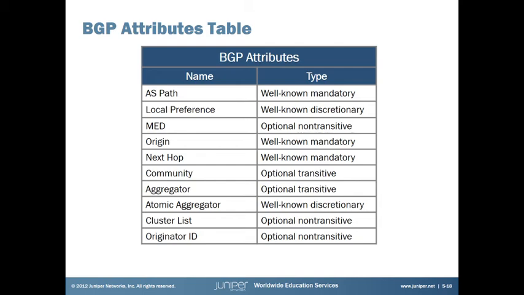So that is the string of autonomous systems through which the traffic will have to pass to get to its ultimate destination. And as we saw, every time a route is re-advertised, that eBGP router appends the autonomous system number into the path. There are some other things we're going to look at. There's a thing called local preference.